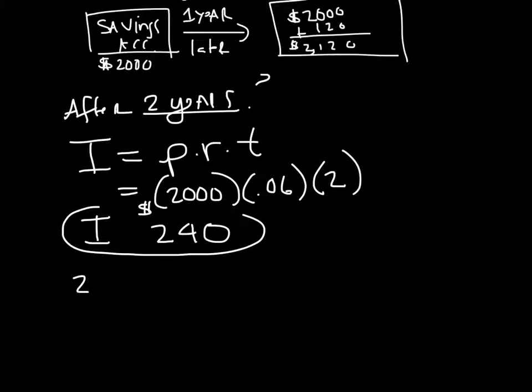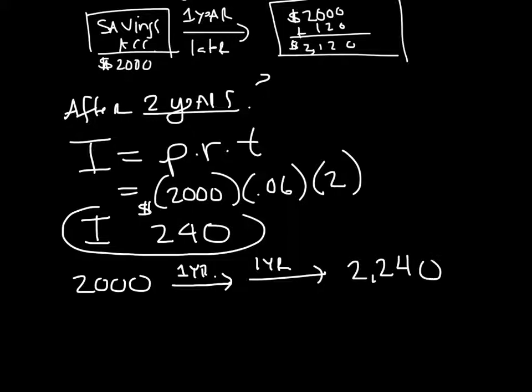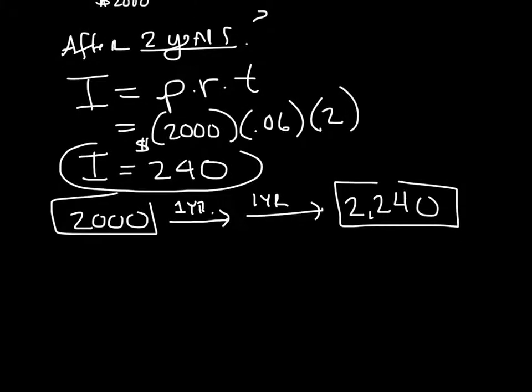Again, we started with $2,000, but 2 years later, this is 1 year, 1 year, so we're going to end up with $2,240. And hopefully you can see, what if it was after 3 years, or after 4 years, how much interest would you generate?